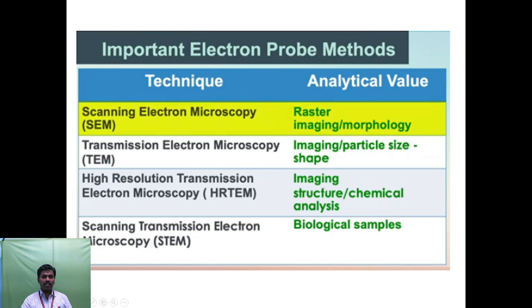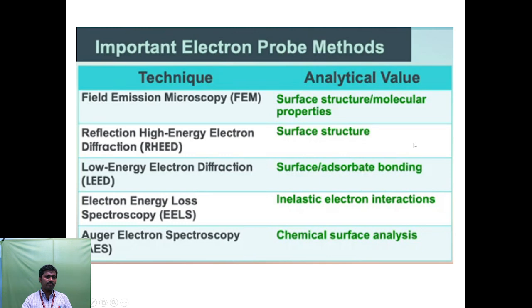HRTEM analyzes the image, such as chemical analysis. TEM, transmission electron microscopy, gives the image and the particle size and shape. SEM, scanning electron microscopy, gives imaging and morphology of the nanoparticle.